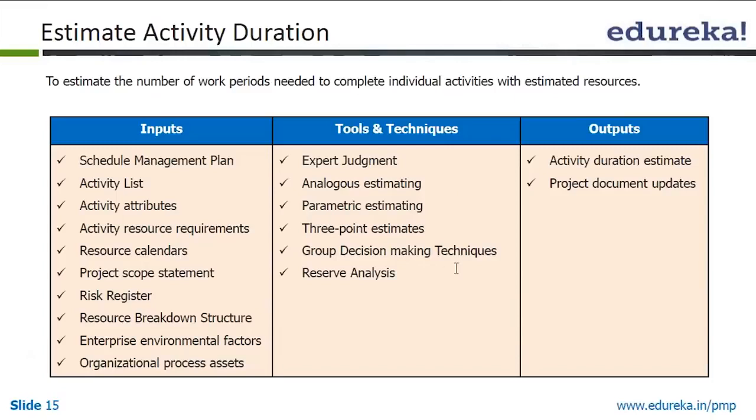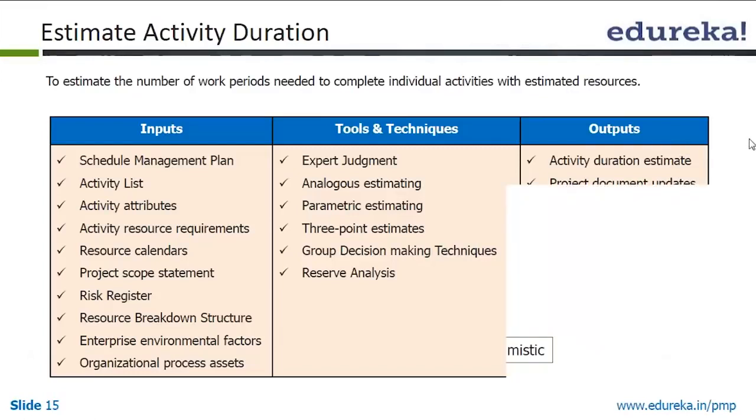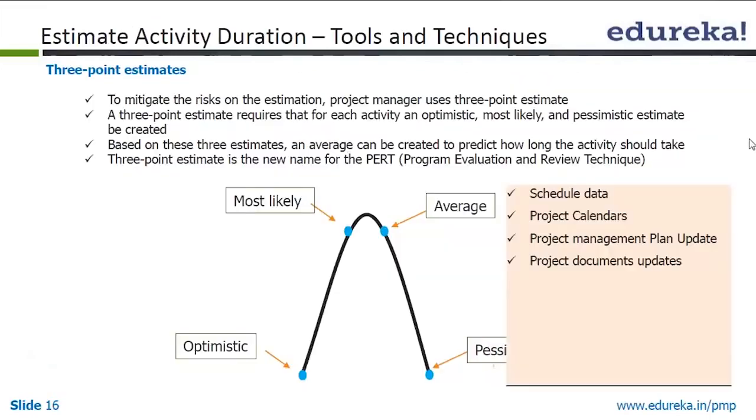Now group decision making is where we bring the people together, discuss and agree on an estimation. And in critical chain, what we do is reserve analysis.